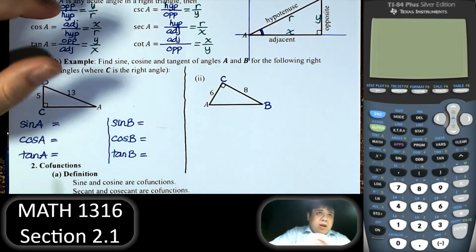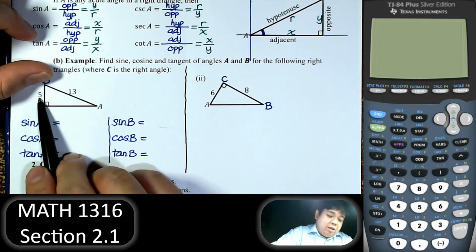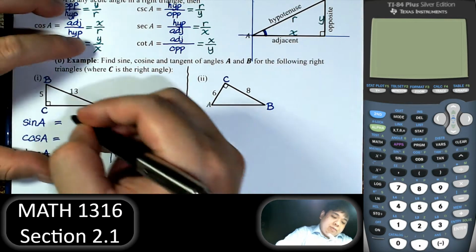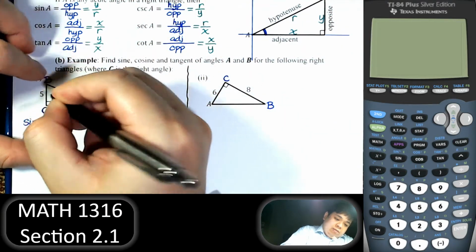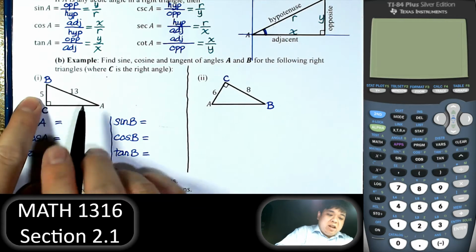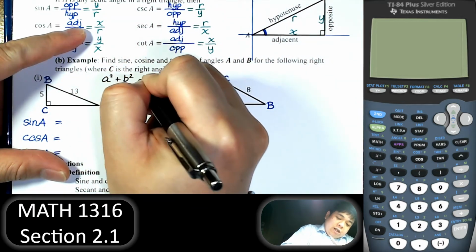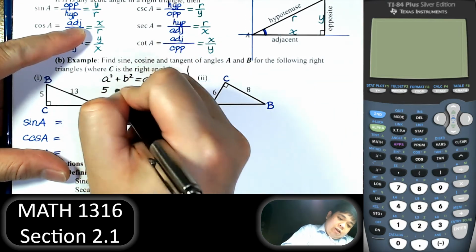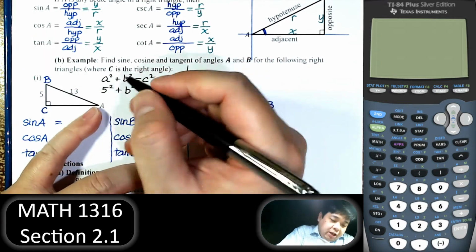First, this is a right triangle, so we have the Pythagorean theorem. This side is 5, this is 13, and we're going to find this side, which is going to be B. Opposite to angle A is side a, so we have a squared plus b squared is equal to c squared. a is 5 and c is 13.